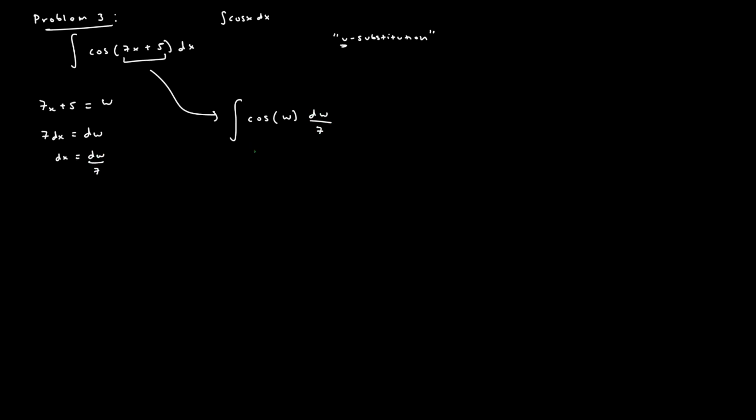And now we have ended up with the integral of cosine w over 7 dw, and we know how to find the integral of that. That is simply sine w divided by 7. Substituting back in the value for w, that is simply equal to sine of 7x plus 5 divided by 7, and then plus c, because this is an indefinite integral.